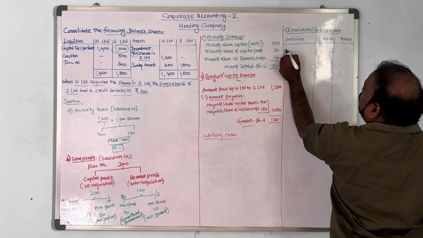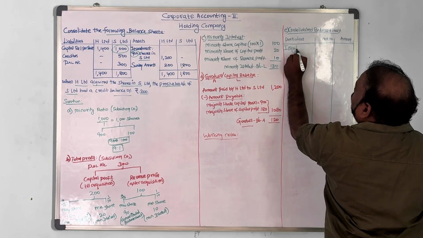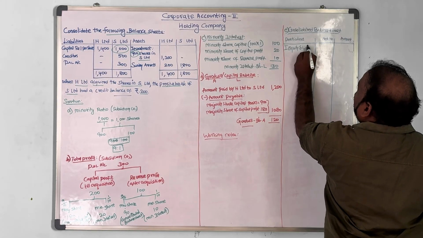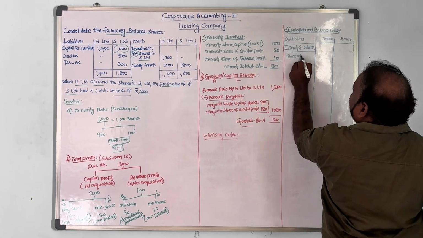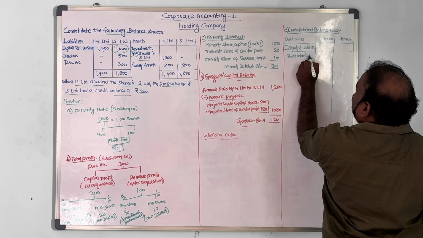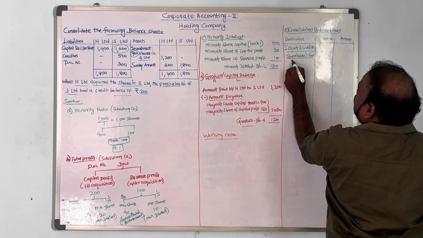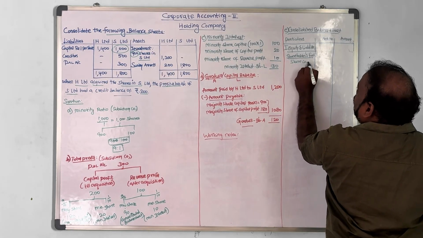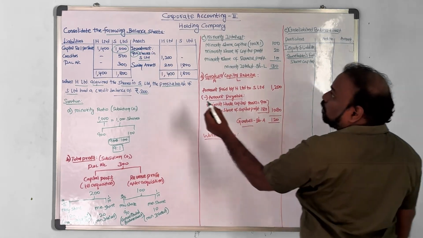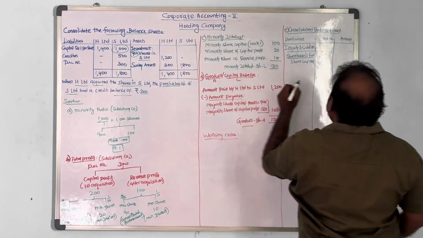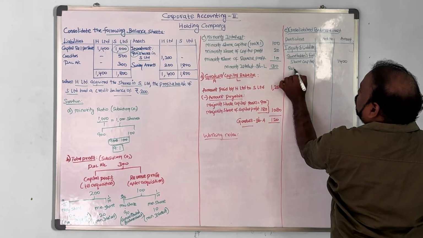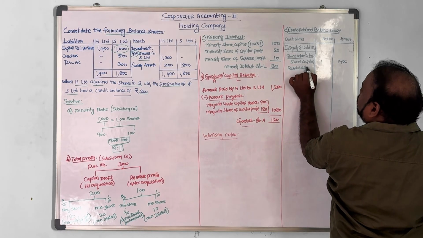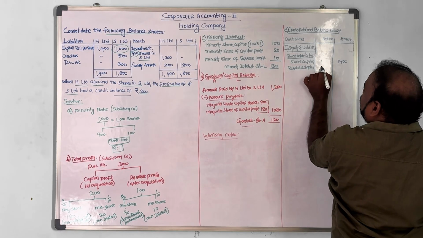Equity and liabilities: shareholders' funds, share capital 1400. Then reserves and surplus, we go with the working note.